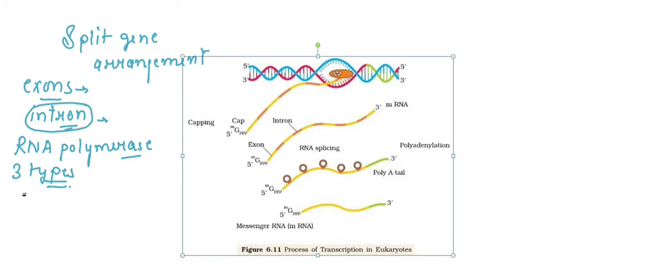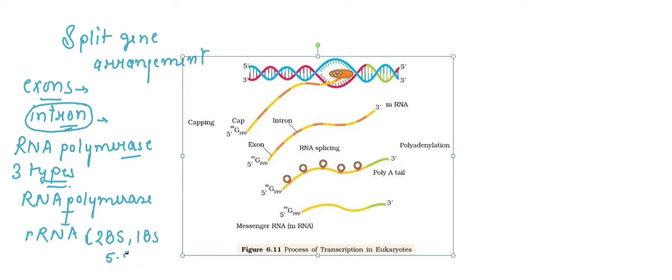RNA polymerase 1 transcribes rRNA, ribosomal RNA, and they can be of 28S, 18S, and 5.8S.